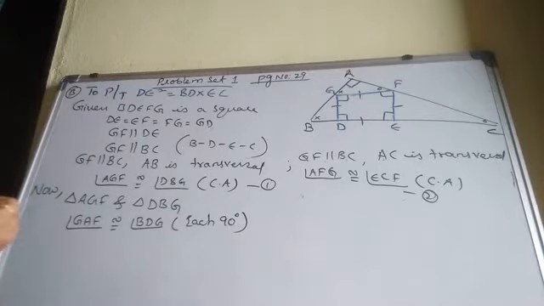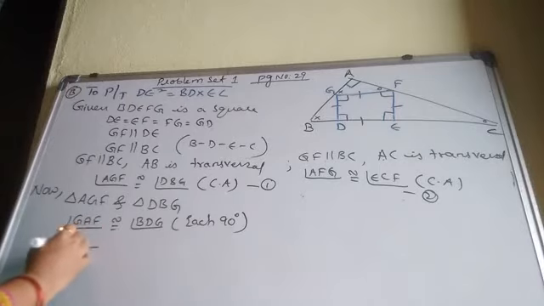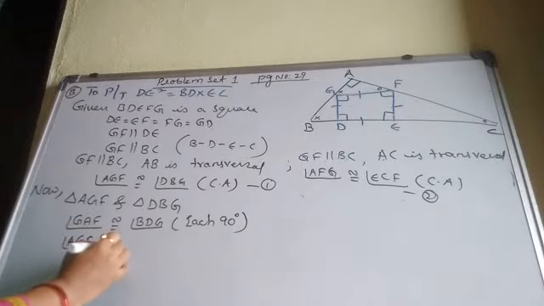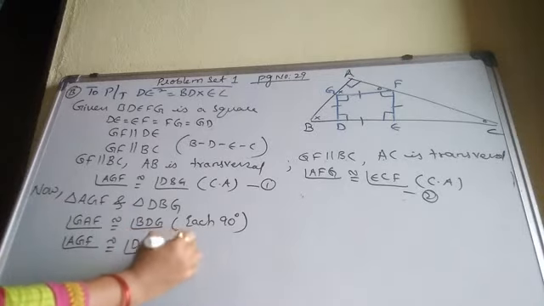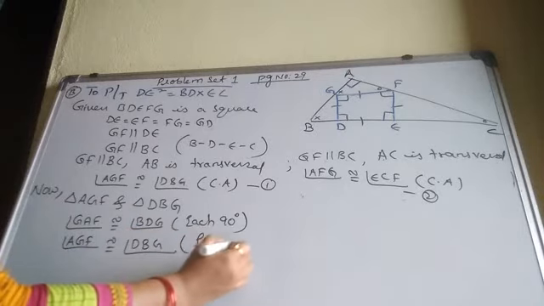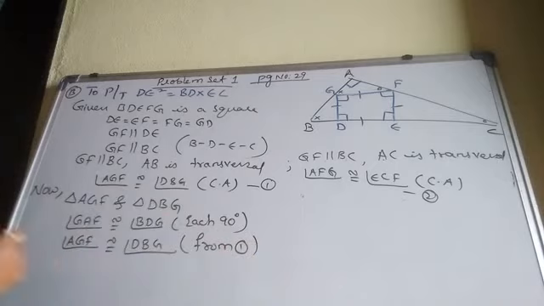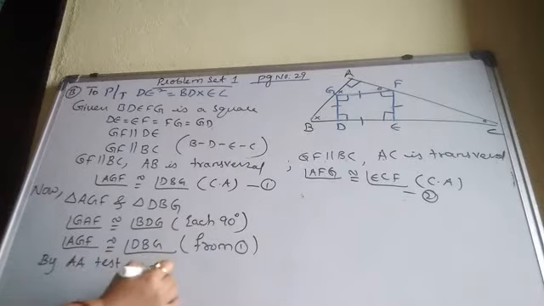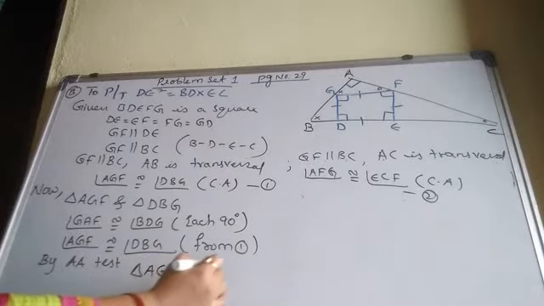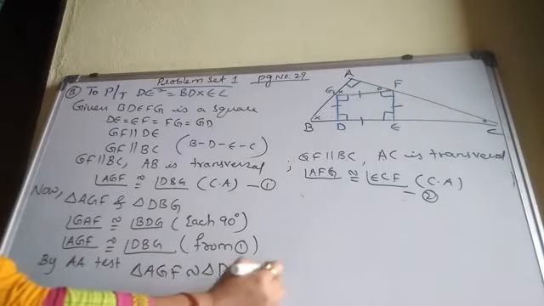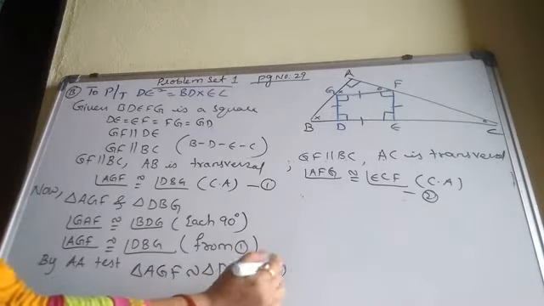And another one, angle AGF is congruent to angle DBG. Here we got it from 1, corresponding angles are congruent. By which test? By AA test, triangle AGF is similar to triangle DBG. This is number 2, 3.